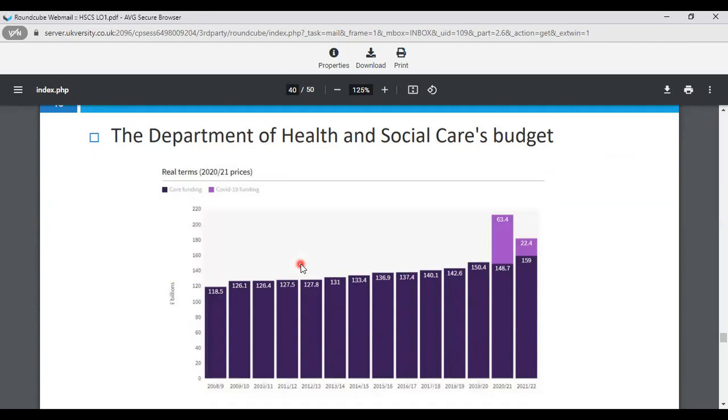So what is the budget? The Department of Health and Social Care's budget. If we see from this year on to this year, for instance, there's a spike over here.